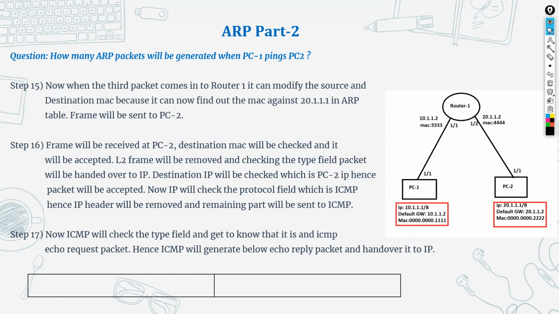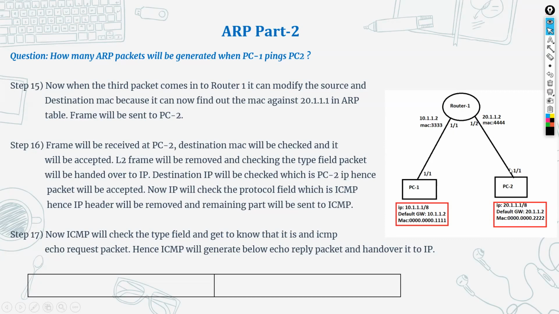Now it is clear that, earlier, when router 1 received the packet, the destination MAC was 3333, which was the router 1 Ethernet 1/1 MAC. Let's suppose router 1 does not change the destination MAC and sends this information to PC2. What is the destination MAC that PC2 received?